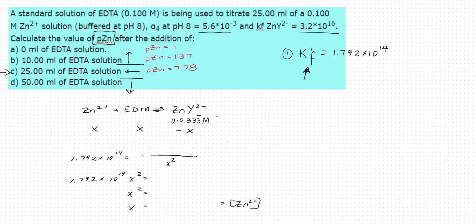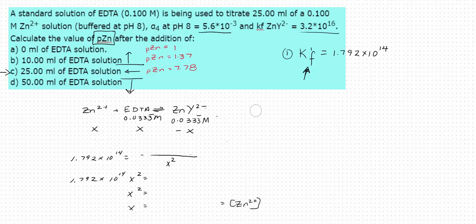My excess EDTA, I have 25 milliliters of excess. So I have an excess of 0.00250 moles of EDTA in excess. And dividing that by my total volume, it's the same concentration with the threes that cancel.